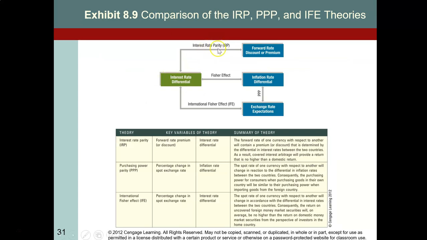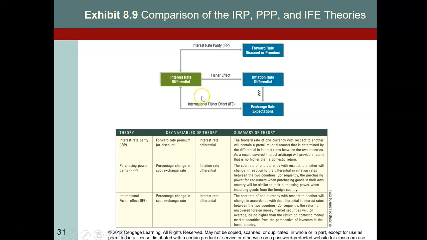Again, for IRP, we're talking about forward discount or premium. For Fisher effects, it's about interest rate difference and inflation rate difference. They can be interconnected because according to the Fisher effect, inflation plus real interest rate is the nominal interest rate.